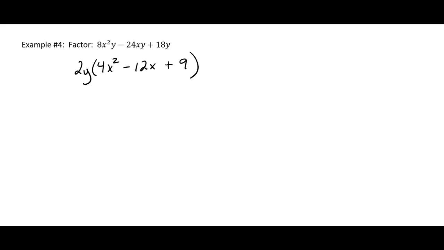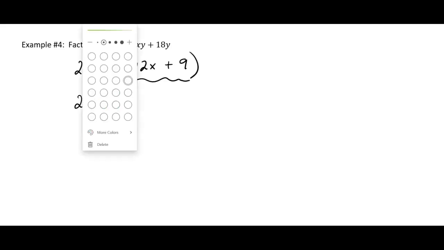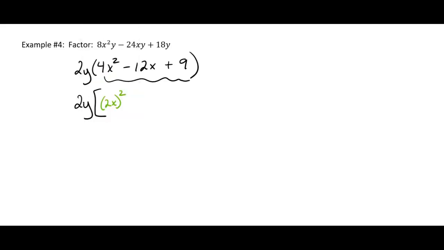Okay, so is this a perfect square trinomial? Well, I could write, let's see how I want to write this, 2y, that's out front, and then I can write the 4x squared as 2x squared, and I can write the 9 as 3 squared, do it in parentheses if you want.